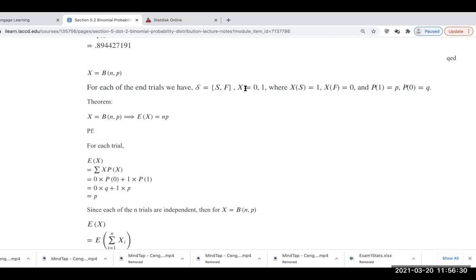So X will take on two values, 0 and 1, depending on if I have success or failure. The probability that X is 1 will be denoted by little p. Note that that says the probability of success is p. The probability that X is 0 is q. Note that means the probability of failure, since X is 0 when we have failure. So the probability of failure will be q.